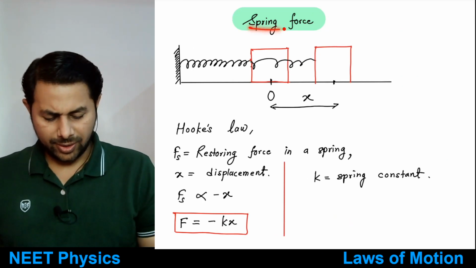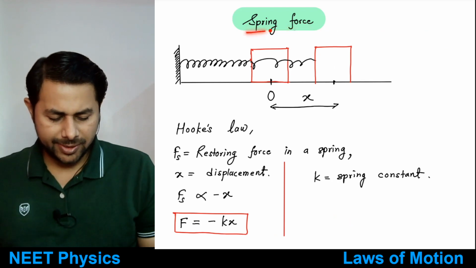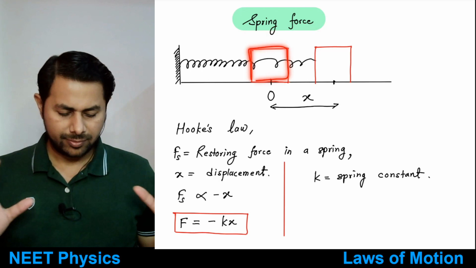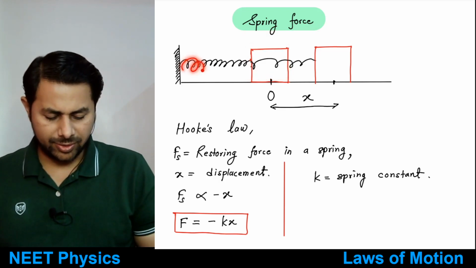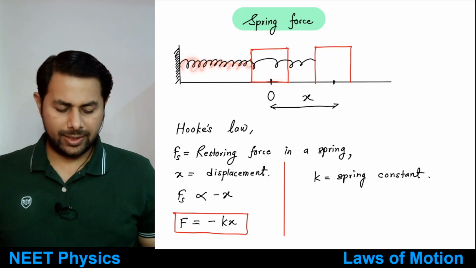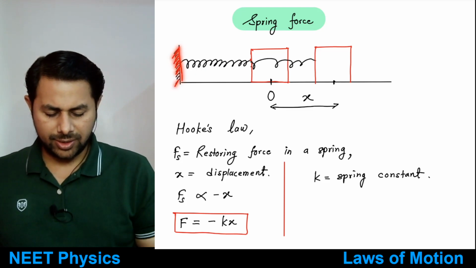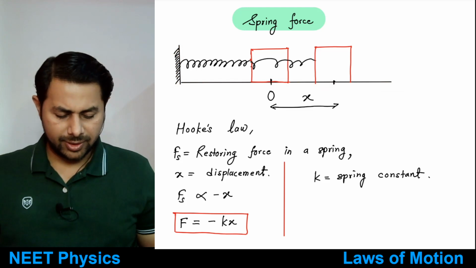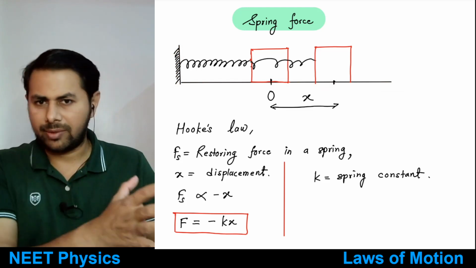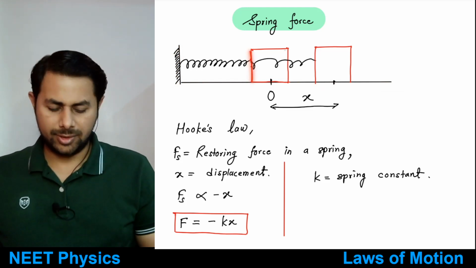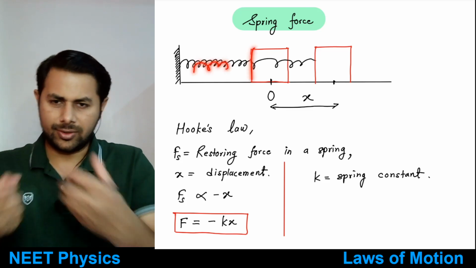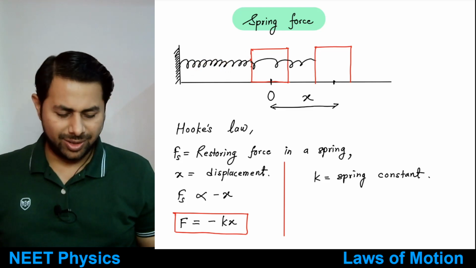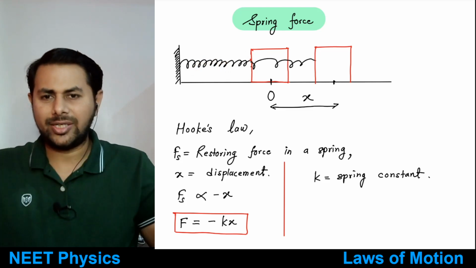Then let's talk about a force called spring force. Suppose we have a mass connected to a spring, and the spring is connected to a rigid support, and the mass is kept on a table. Now suppose you pull on that mass. It will pull the spring, and then there will be some elongation in the spring.